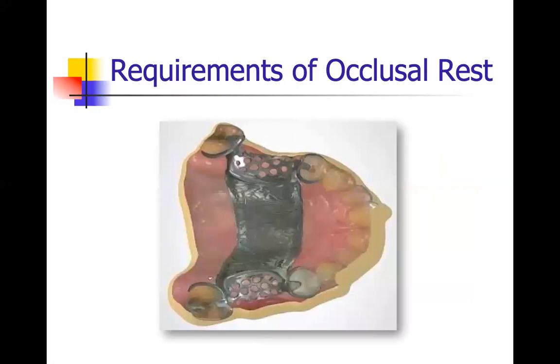In a tooth-bounded partial denture or Kennedy class 3, the occlusal rest is this one. This occlusal rest is placed in the near zone of the occlusal surface, close to the edentulous area.